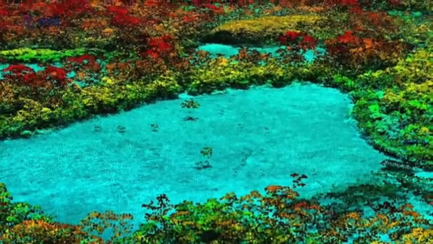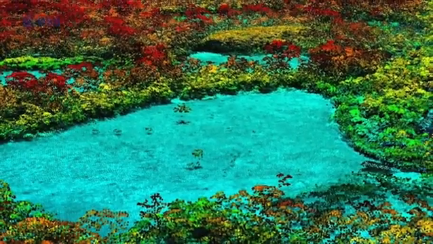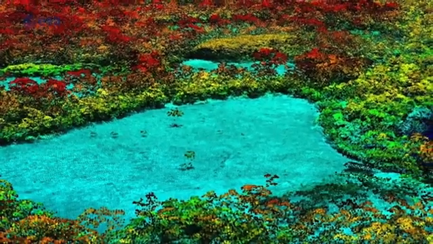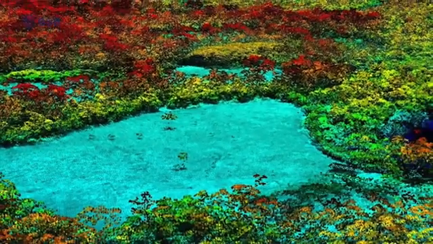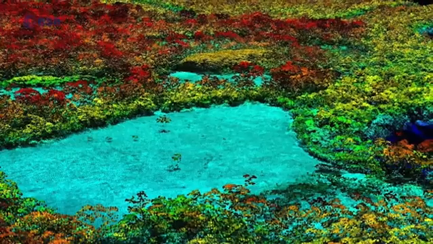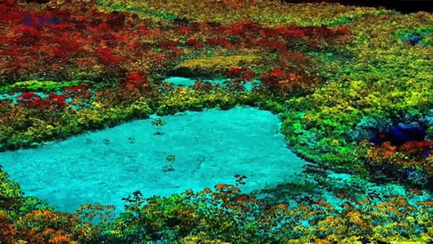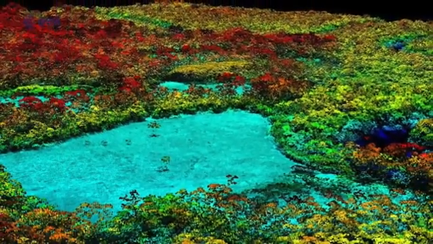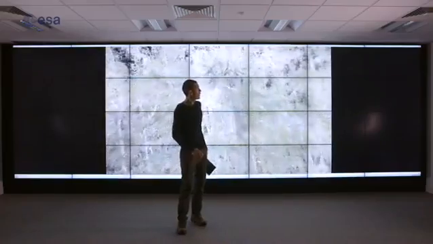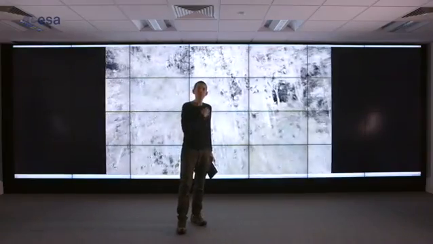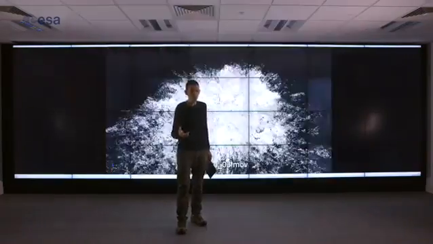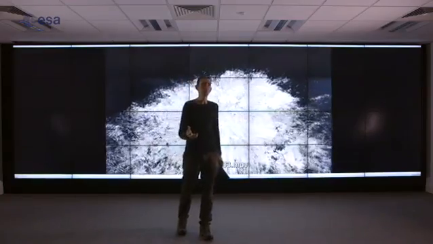LiDAR is now being more and more widely used in remote sensing applications for measuring things like canopy height and for measuring digital elevation, so measuring the changes in elevation of the Earth's surface, because it can measure it very precisely over large areas. And LiDAR is increasingly being seen as a tool for doing measurements of this sort from space.